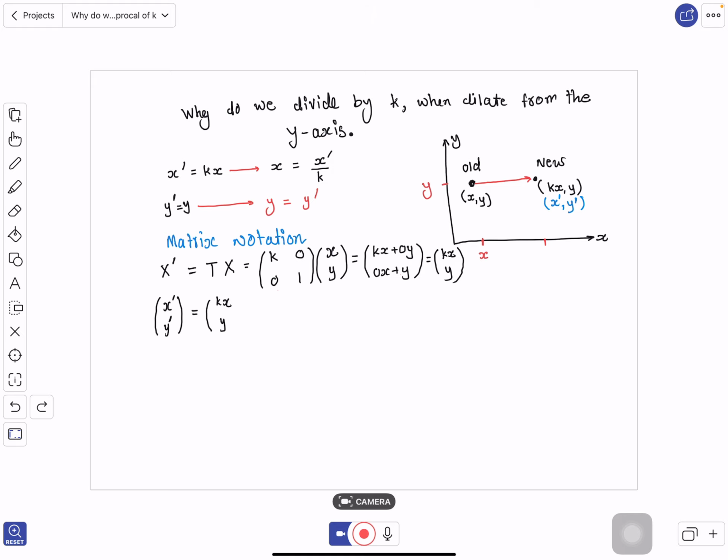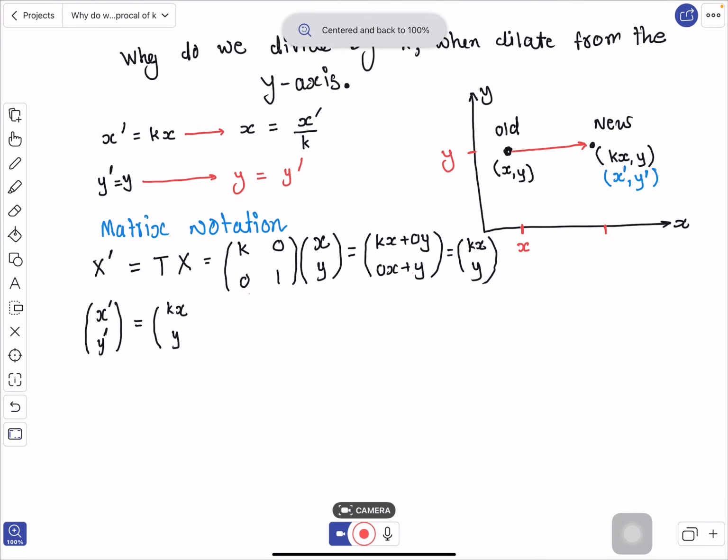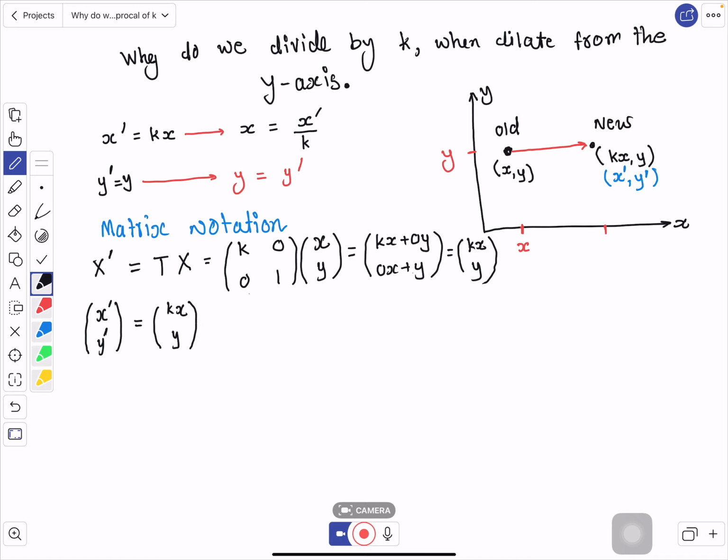We want to solve for the variables, the old x and the old y, in terms of the new axis. So this follows that x dash equals kx and y dash equals y.